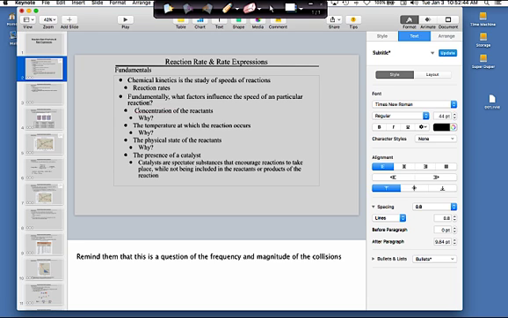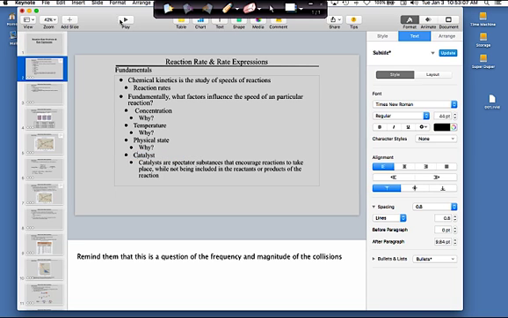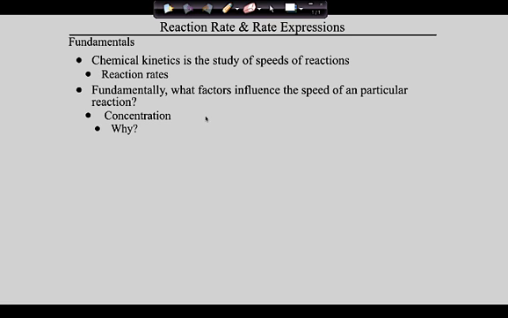Do not mess with Rebecca's notes. Concentration. Oh, look at me, I'm just doing it. Temperature. Oh, look, that's gone too. Physical state of the reactants. And, oh, look, Rebecca, it's gone right there too. Catalyst, there you go. All right. We did it.